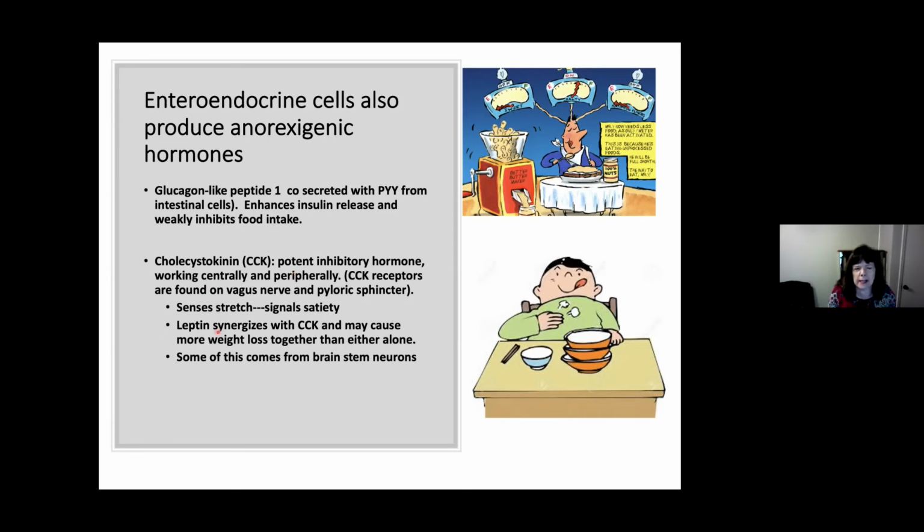And I guess you might, if you wanted to take CCK and leptin together, according to this one study, you could cause even more weight loss because they would work together. At any rate, so basically, these are the endocrine cells that signal the need to stop eating.